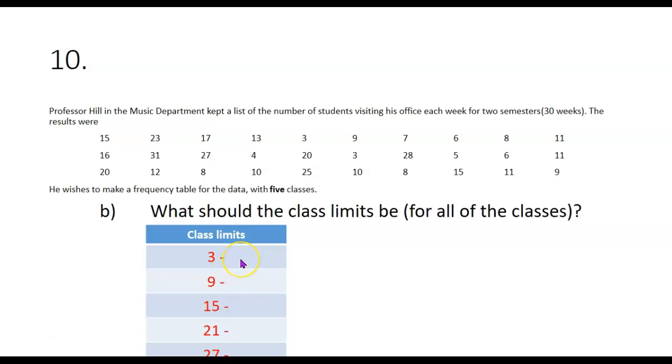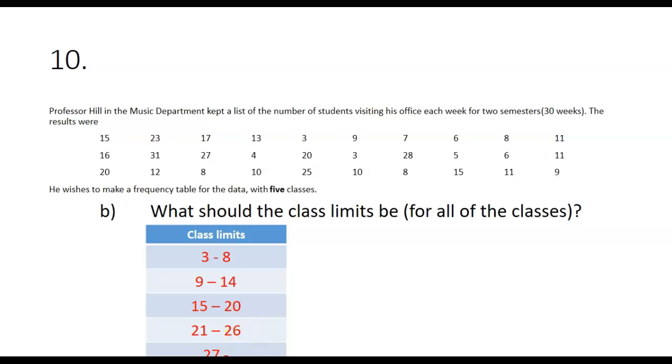Now what about the upper limits? If the second class is going to start with 9, the first class would have to end with 8. So it includes the numbers 3, 4, 5, 6, 7, and 8. Notice that's 6 numbers. The second class would end with 14, right before the 15 that the next class starts with. Then 20 and 26.